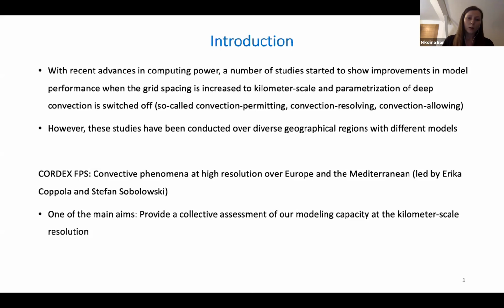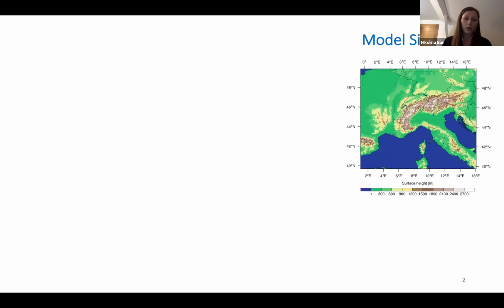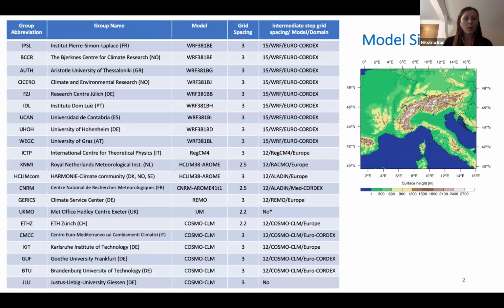So on this slide, I show which model simulations we use in this work. They are all conducted over the area shown in the picture here. It is a greater Alpine region, and it is one of the mandatory domains for these simulations. And here is the list of all the groups that have conducted these simulations.